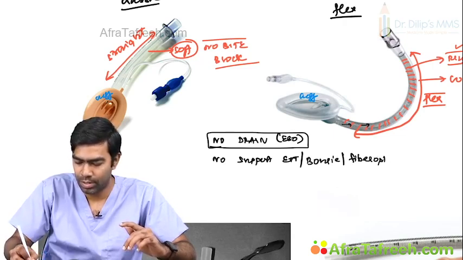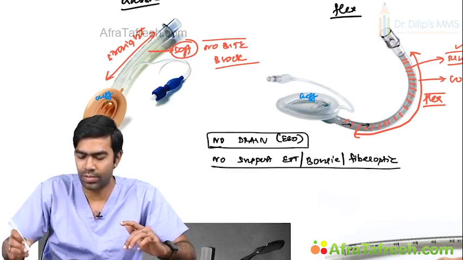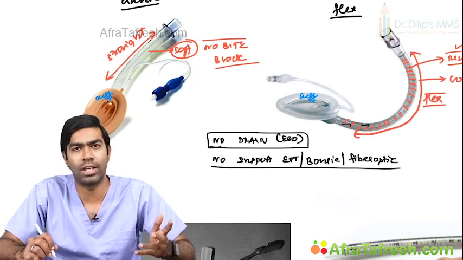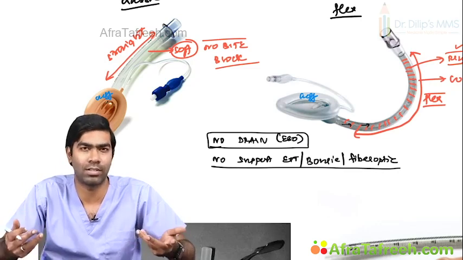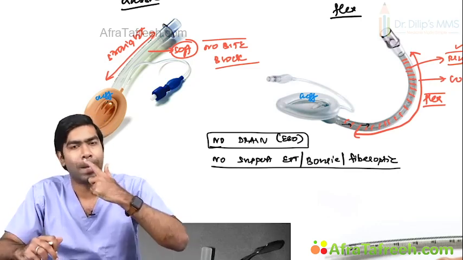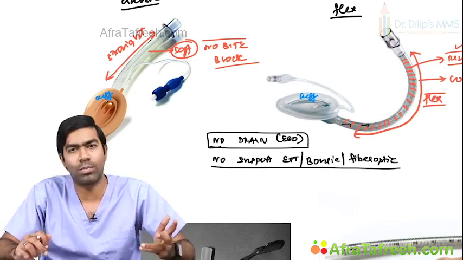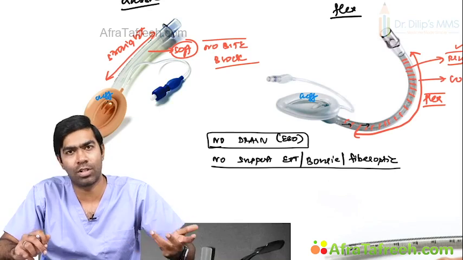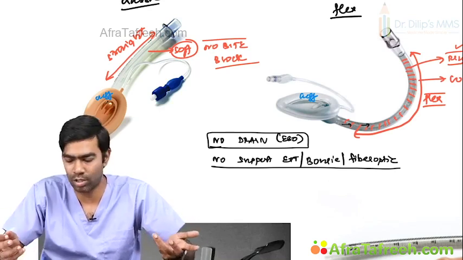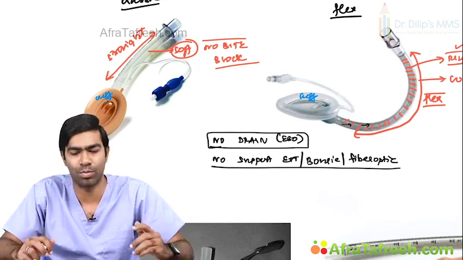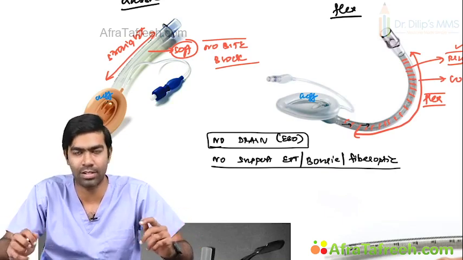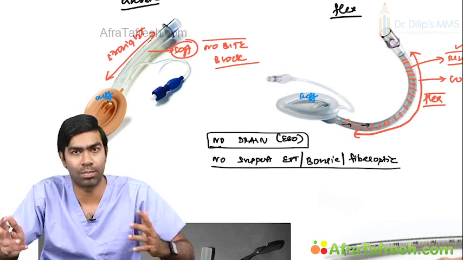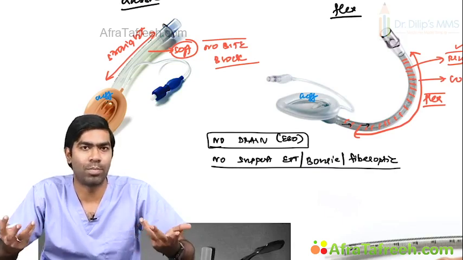There is no drain for the esophageal area to aspirate secretions if they come, and no support for intubation, bougie insertion, or a fiber optic scope. These are the disadvantages of the first generation laryngeal mask airways, which are supposed to be improved in the second generation.